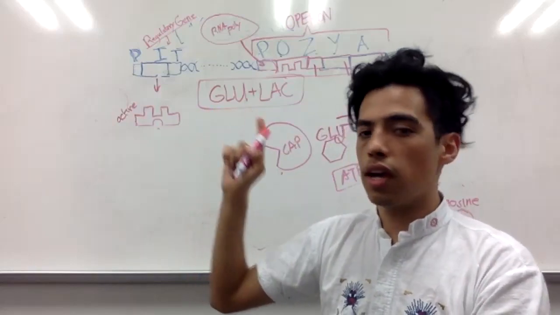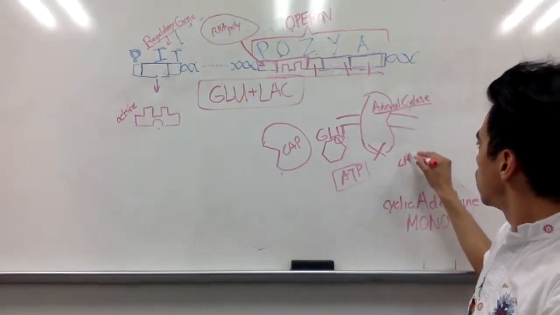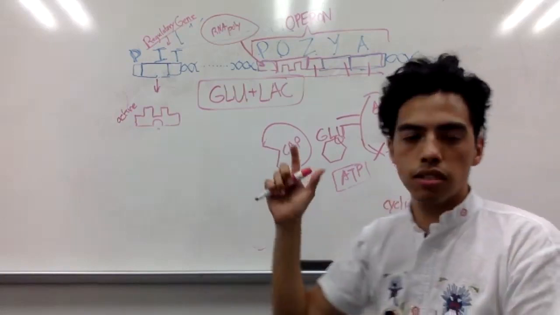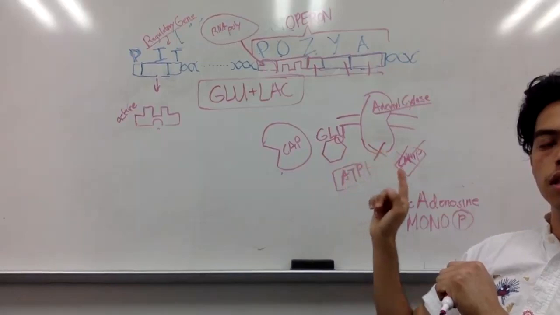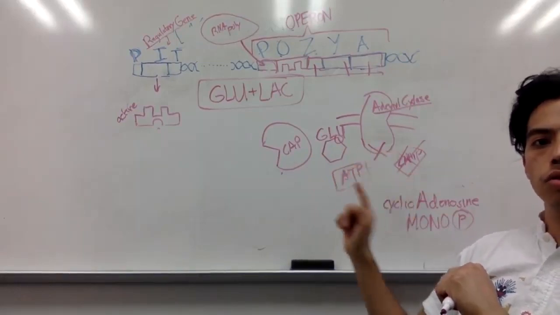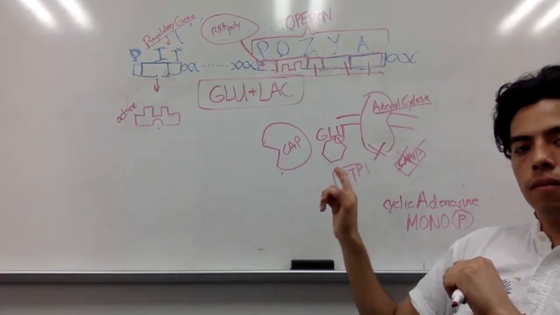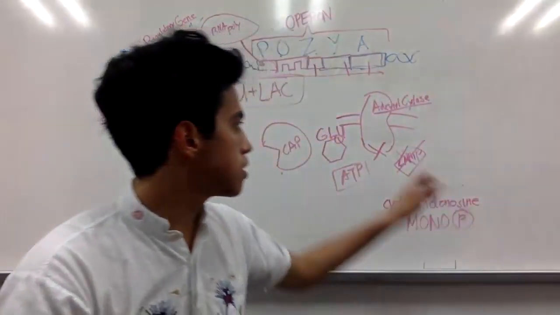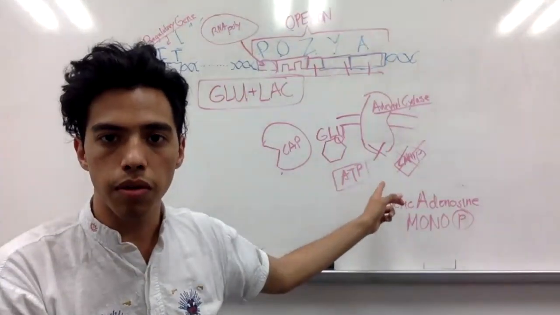So what that's going to affect is this right here, the process that adenylyl cyclase does by converting ATP to cyclic AMP. That's what the presence of glucose is going to affect. Basically, because glucose acts as an inhibitor to this enzyme, you're not going to see ATP being converted to cAMP, right?